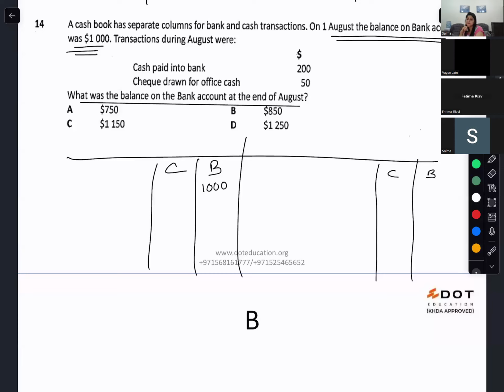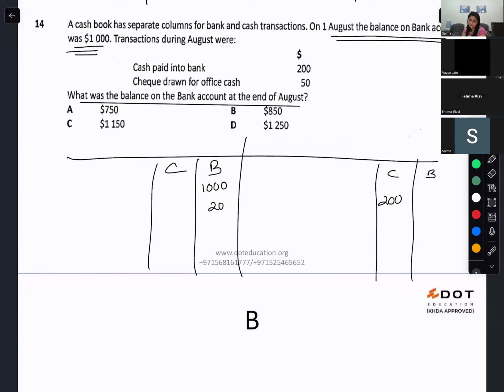The transactions during August were cash paid into bank. So it's cash being put into the bank. It'll be taken from the cash account and put into the bank account. Where debit and where credit? It'll be taken from the credit side cash account and put into the debit side bank account.